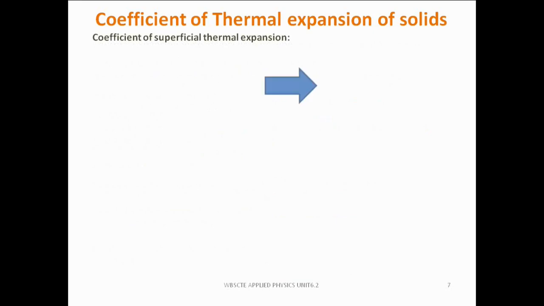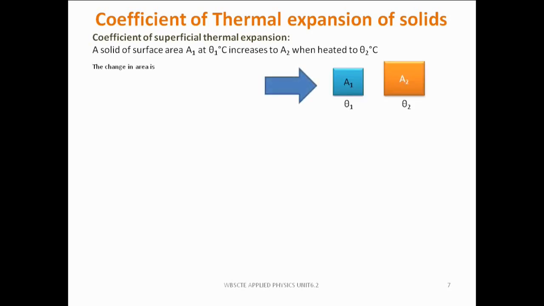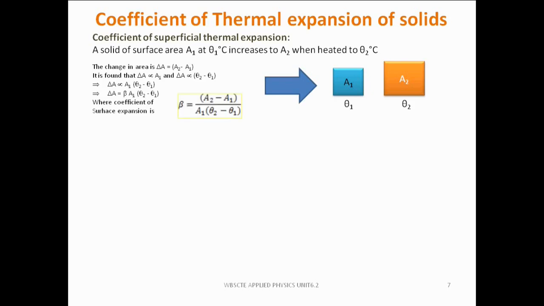For the coefficient of surface expansion, deriving in the same way as in the linear expansion, we obtain beta equal to (A2 minus A1) by A1 into (theta 2 minus theta 1), and A2 is equal to A1 into (1 plus beta into (theta 2 minus theta 1)).